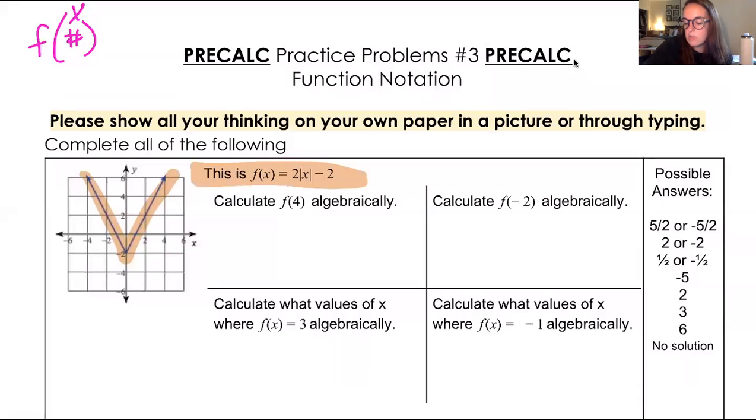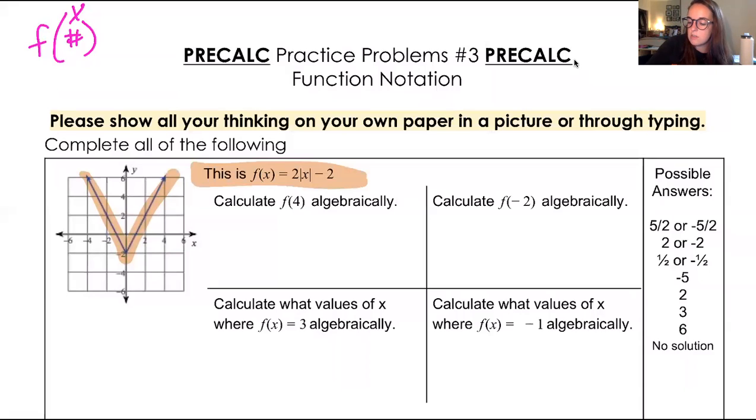All right, so if it says f of a number, we're replacing x with that number. If it says f of x equals a number, then we are saying, okay, the equation is equal to this other number here. So for this case, I would say, okay, f of 4.